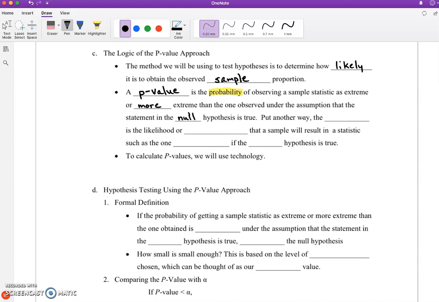So to put it in a little bit more plain English, the p-value is the likelihood or probability that a sample will result in a statistic such as the one we've observed if the null hypothesis is true.